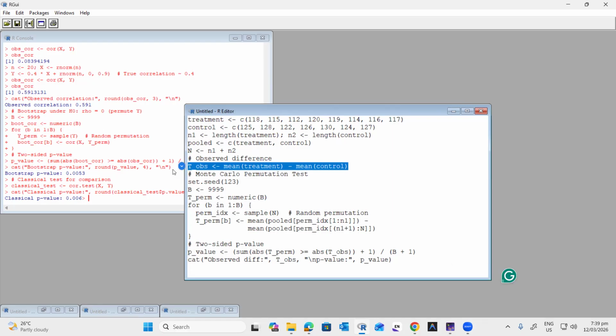Then we are going to use the Monte Carlo permutation test here. We use the command set.seed to fix the seed, and the replication is 9999 times. In T underscore perm, we are going to store the permuted test statistics.